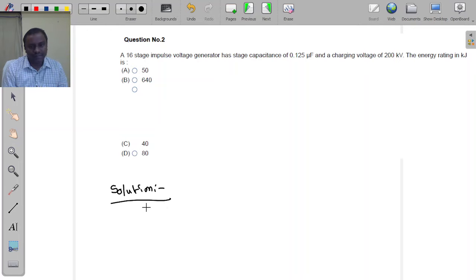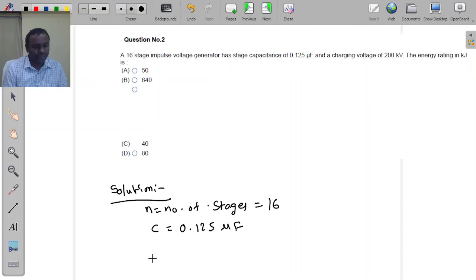So n is the number of stages. In this question they have given 16 stages, and stage capacitance C they have given 0.125 microfarad, and charging voltage of 200 kilovolt. So source voltage is 200 kilovolt.